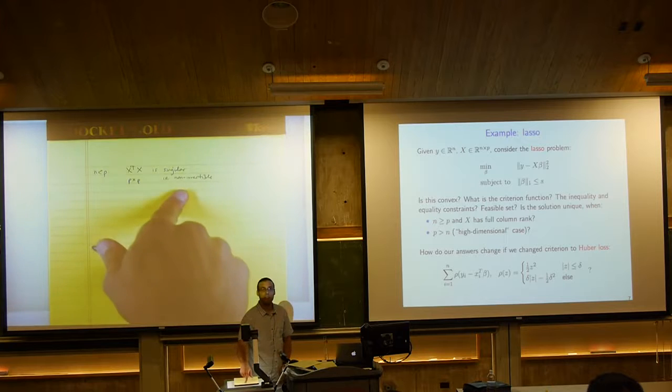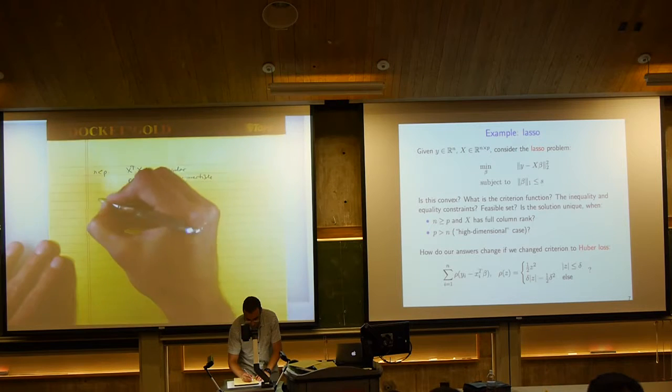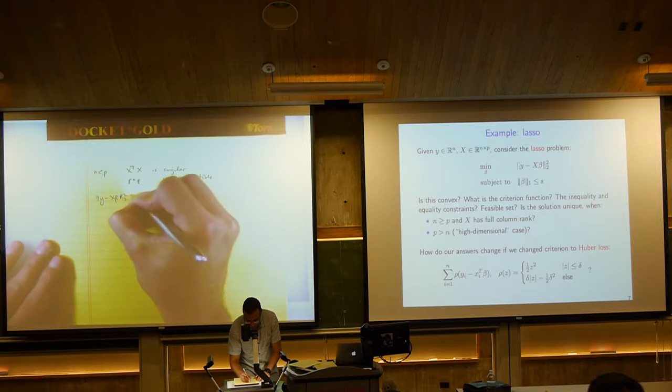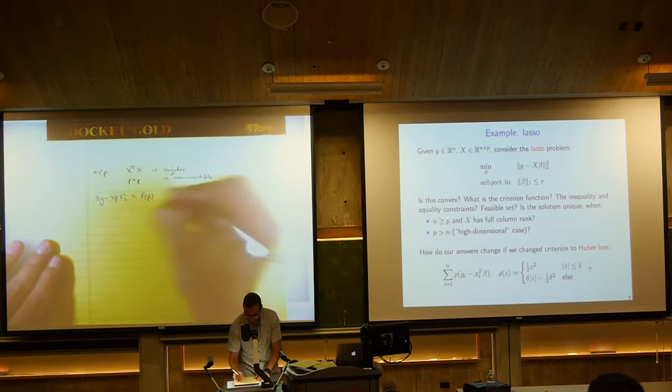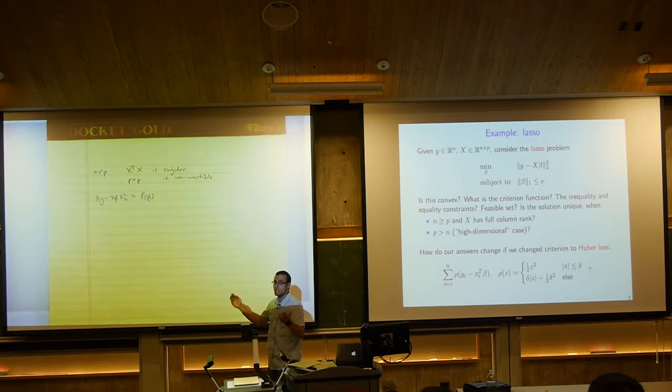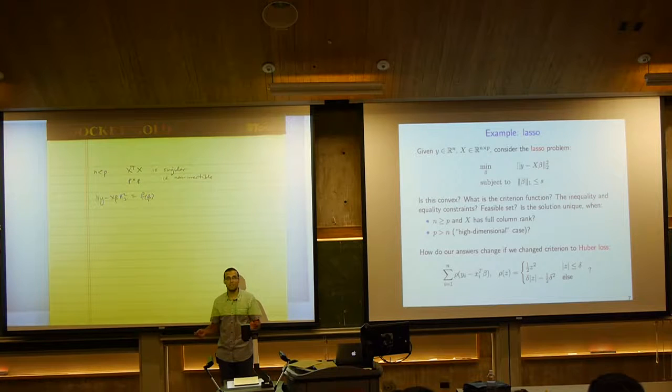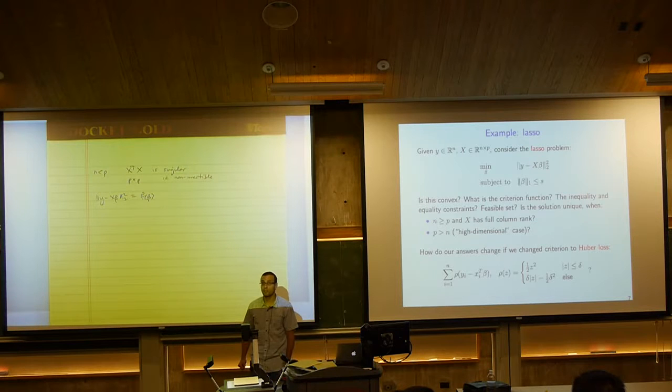Remember, if in general I take the Hessian matrix of a function and it's not strictly positive definite, even though it's positive semi-definite, that does not necessarily imply that f is not strictly convex.